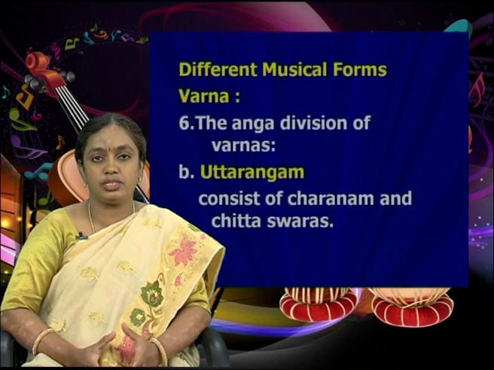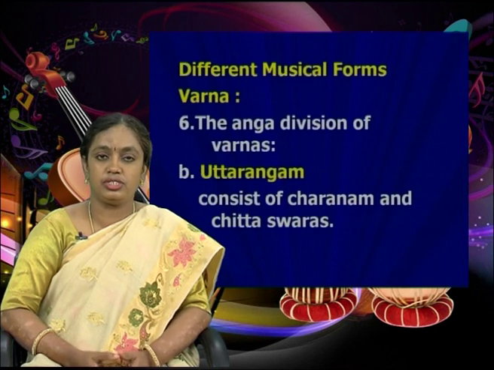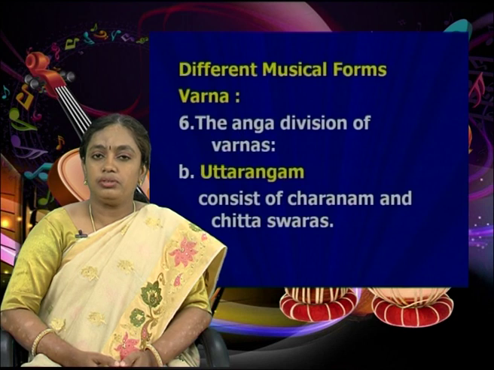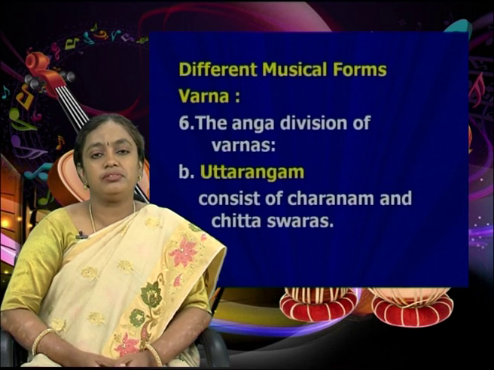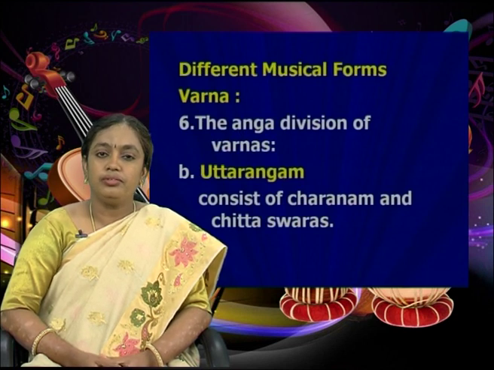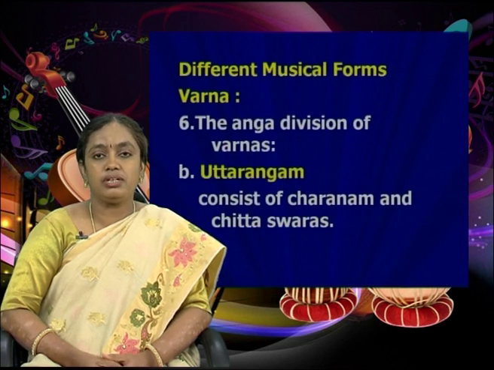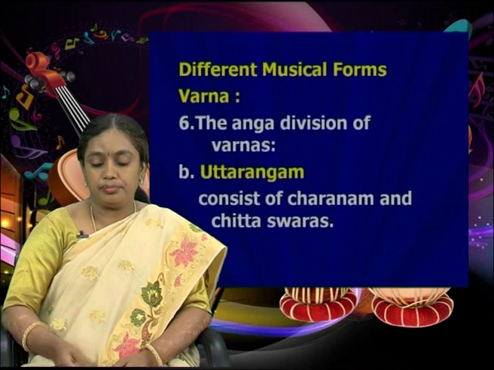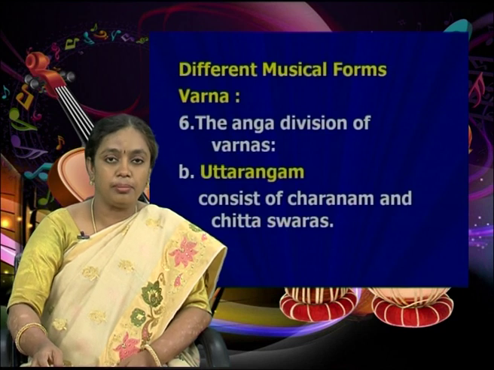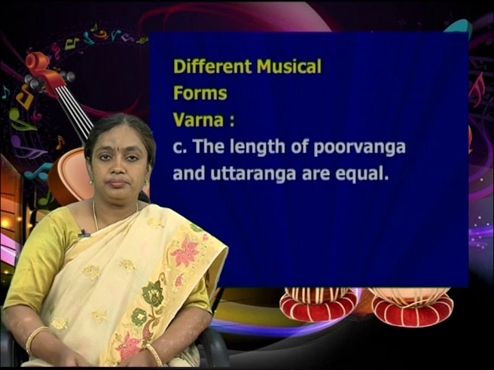In that way the Chittaswaras are composed. We can present those Chittaswaras. So the Uttarangam part of the Varnam is the second part, and it contains one Charanam along with Chittaswaras. Between each Chittaswara we have to sing the Charanam. This is called the Uttarangam part of the Varna.